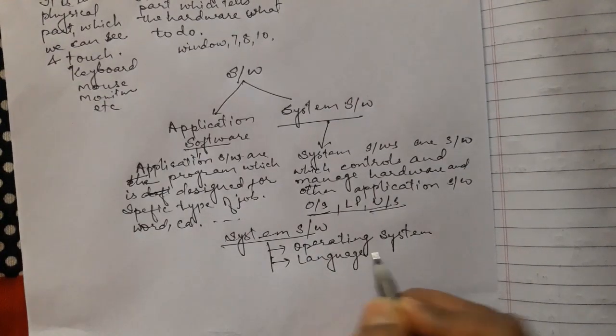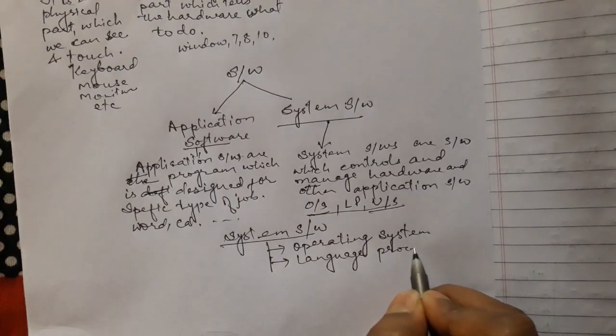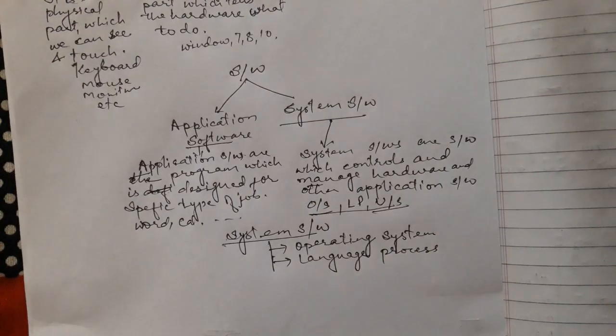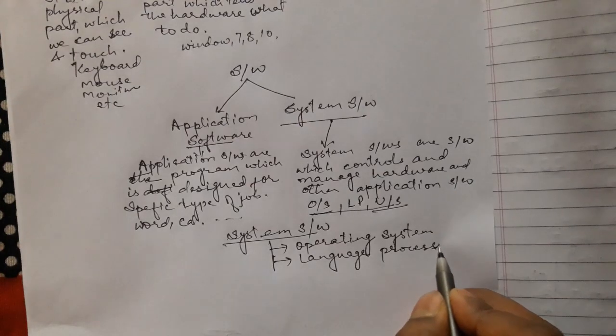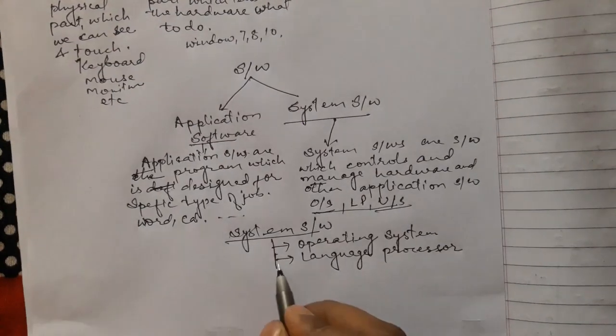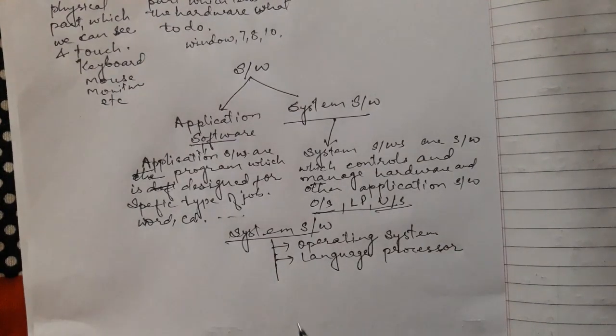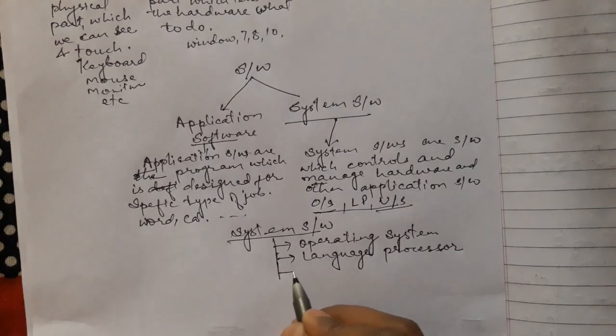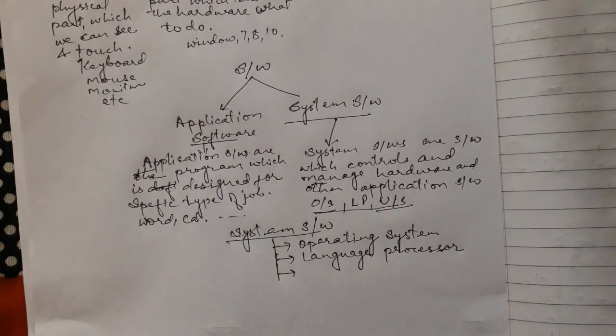Language processor translates the user written code into machine language. That is, we write the program in English or English-like language, but it gets translated into machine language with the help of the language processor.